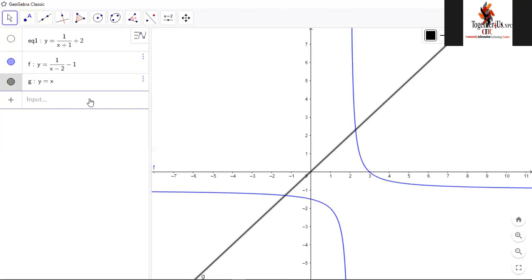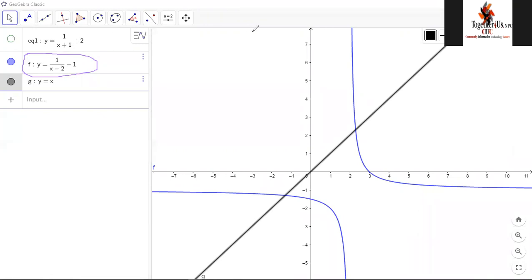What is the equation of the hyperbola? Here it is in purple. If you look where my cursor is, that's where my equation is. You can see y equals 1 over x minus 2, and then minus 1, of course.